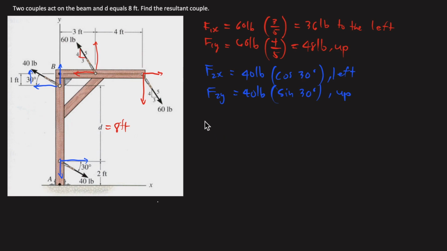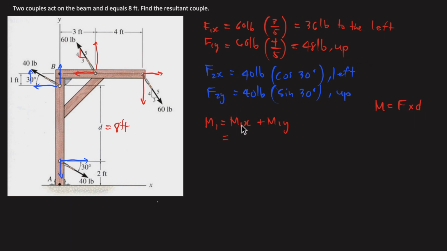Now we are going to look for the moment. For M1, it's equal to M1x, meaning the moment produced by the x component, plus M1y, which is the moment produced by the y component of this force. So in getting an M, it's equal to the force times the perpendicular distance.